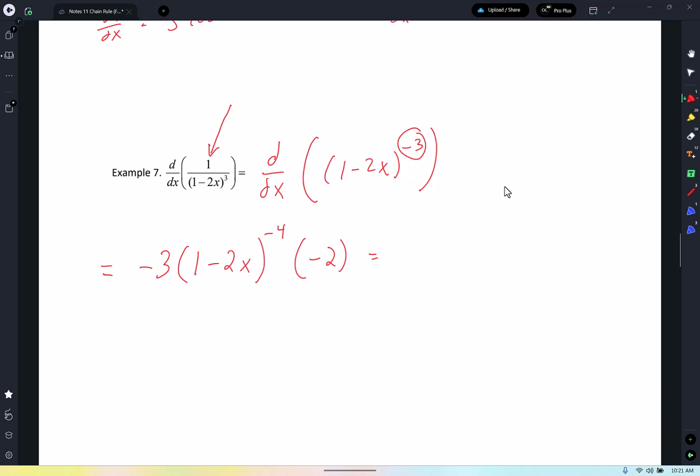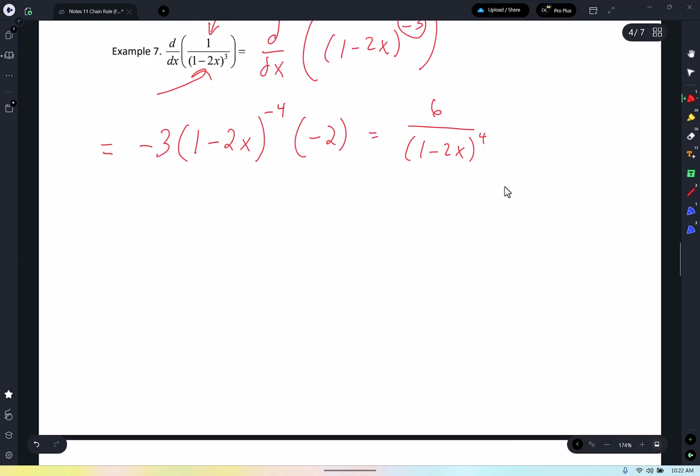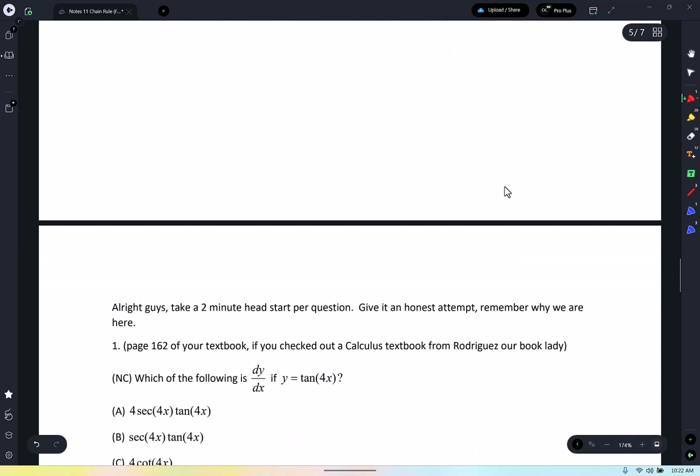What's negative times a negative? So 6 over 1 minus 2x to the 4th power. Negative times a negative is a positive. When I move it, if they present it to you with a positive exponent, you probably want to give it in the positive exponent. Yes, you could have left it though.